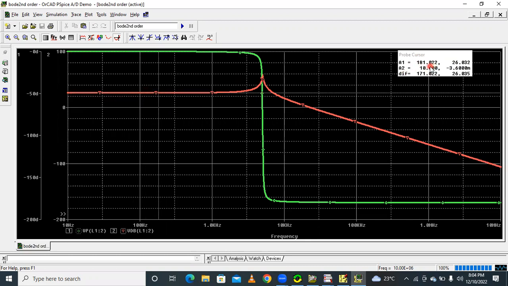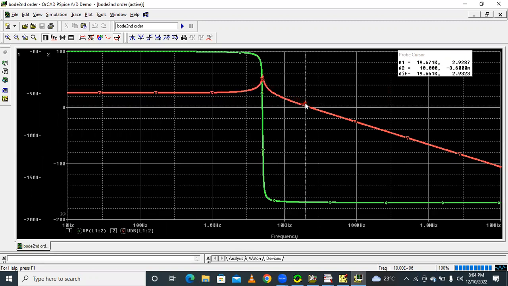When the cursor moves in this way, the probe cursor displays different values of the x-axis and y-axis. So when it crosses 0 dB, that corresponding frequency is called the gain crossover frequency. Here, this line is called the 0 dB line.